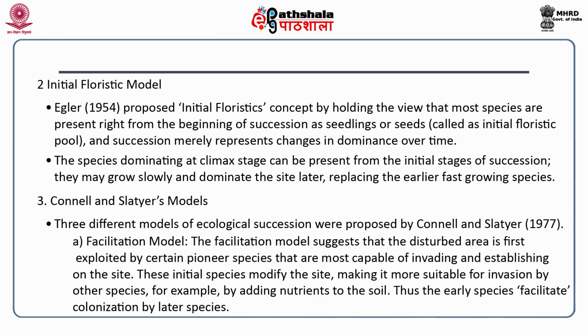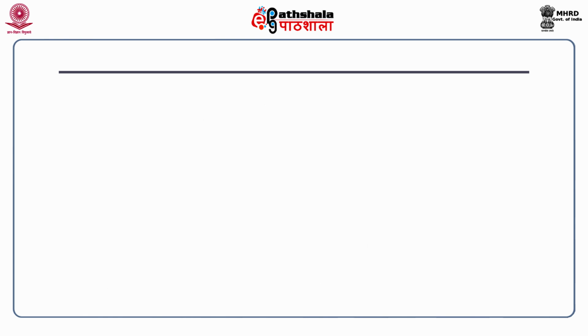These initial species modify the site, making it more suitable for invasion by other species, for example, by adding nutrients to the soil. Thus, the early species facilitate colonization by later species. The second model proposed by them was the tolerance model.